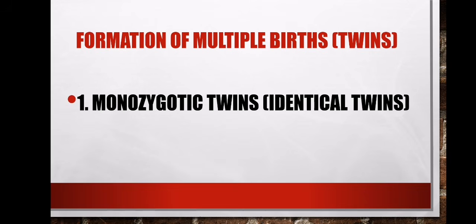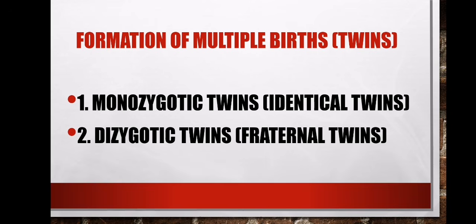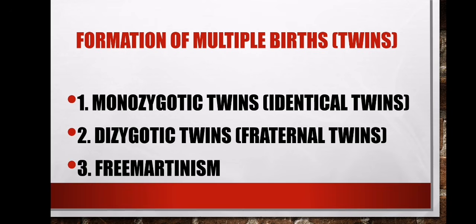Once we say identical, there is a part that I will talk about as we move along, about the physical appearance or the phenotype of these twins, whereby I will say they are identical. We also talk about dizygotic twins, fraternal twins. We move on and talk about freemartinism. The most important thing, my good people, is to understand how each of these 3 twins are formed.